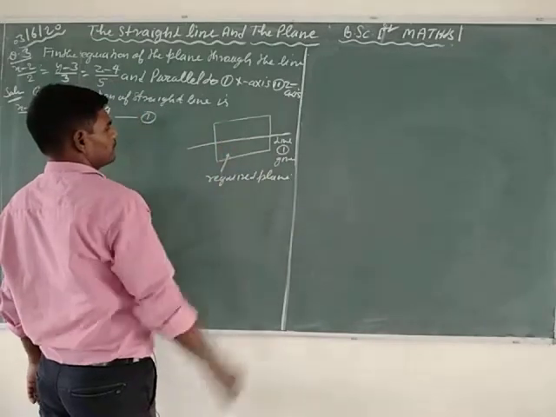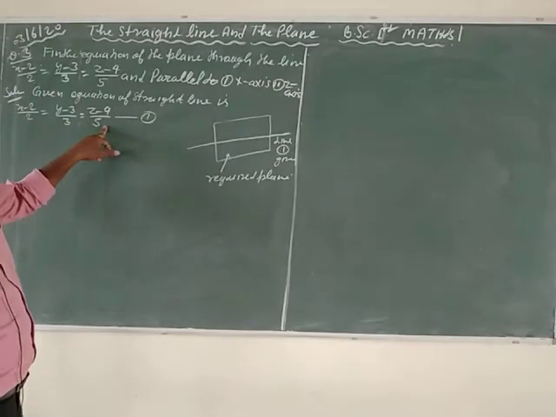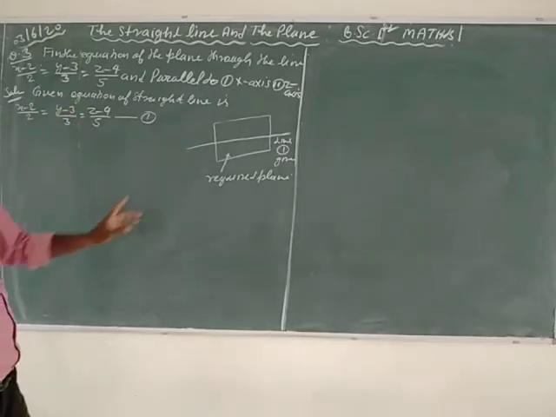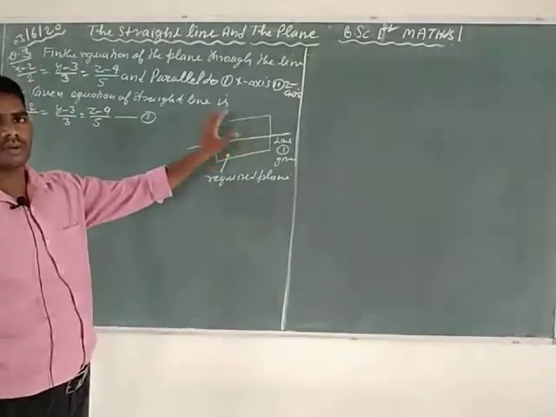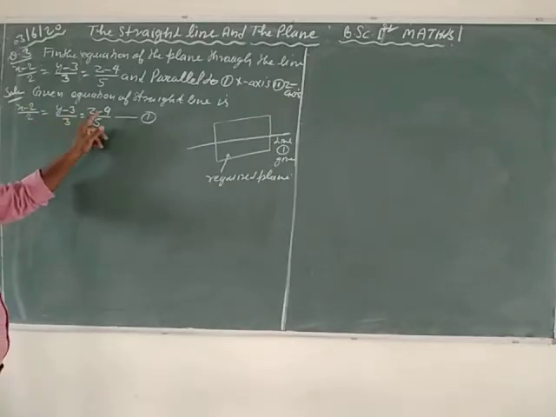The line passes through the point 2, 3, 4, so this plane must also be passing through the point 2, 3, 4.